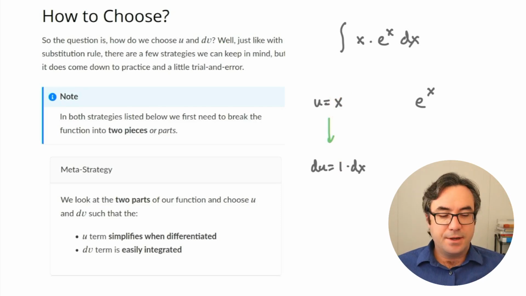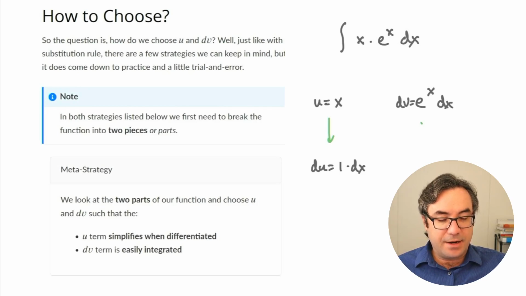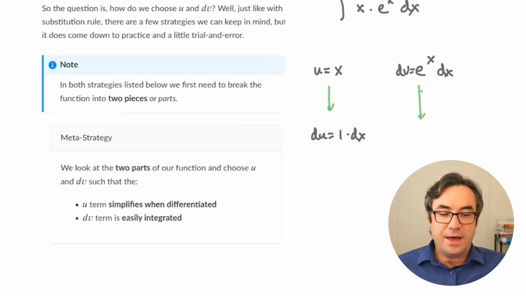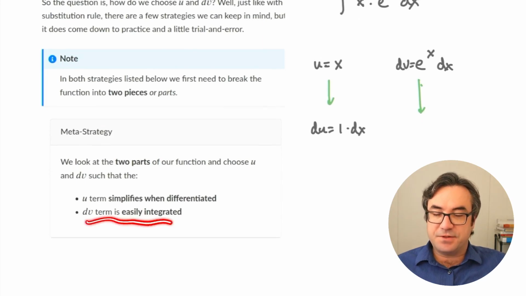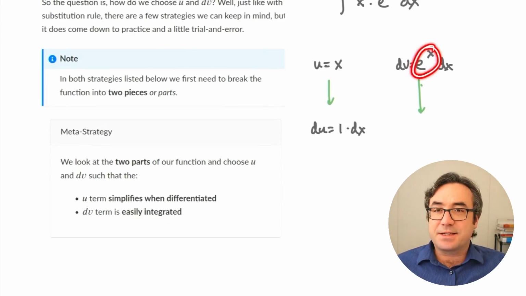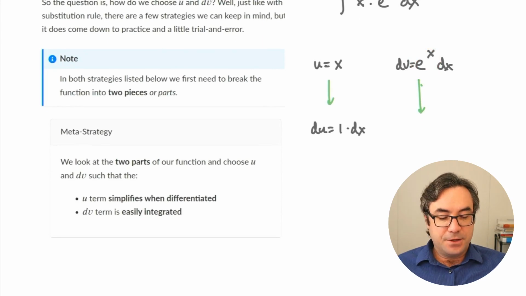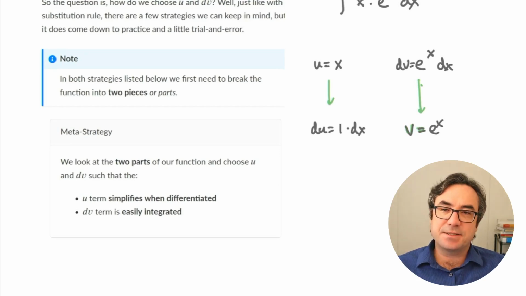So that was pretty good. And then when we picked dv to be that e to the x and we integrated, well, that also satisfied this other condition. E to the x is easy to integrate. So when we integrated that, it was easy to do. It was e to the x.